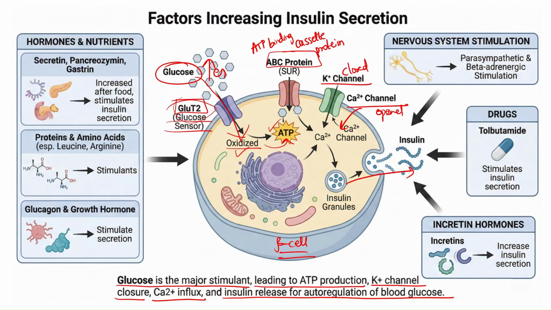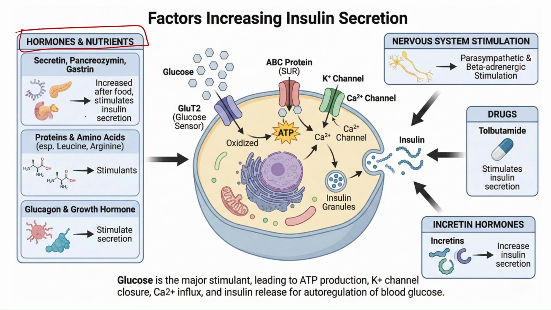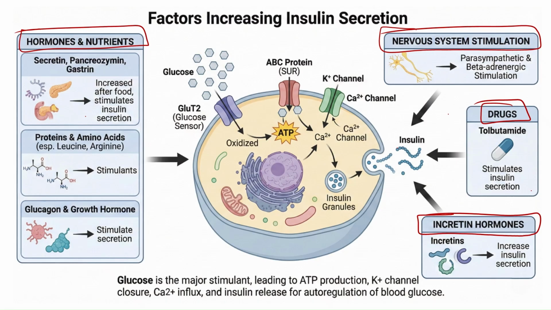The major stimulant is the glucose that increases. That is the first factor increasing the insulin secretion. So other than glucose, what other factors do we have? Let me clear the slide. The other factors can be categorized like hormones, nutrients, nervous system stimulation, certain drugs, and incretin hormones.